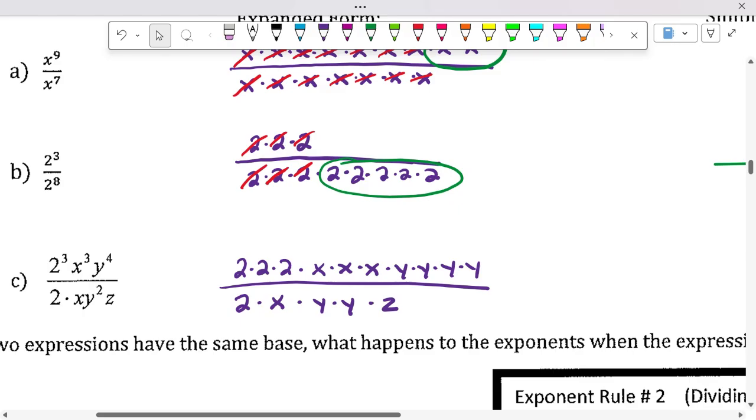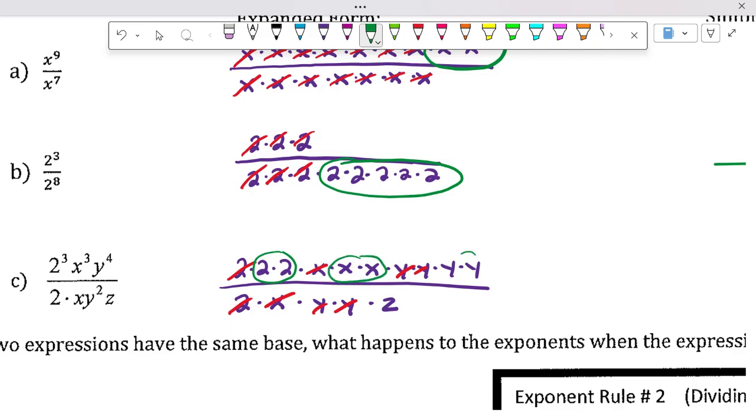So remember, it's 1 for 1 and they have to be like bases. So how many 2's can I cross out? 1. How many x's can I cross out? 1. How many y's can I cross out? 2. How many z's can I cross out? None. So whatever you're left with is your answer.